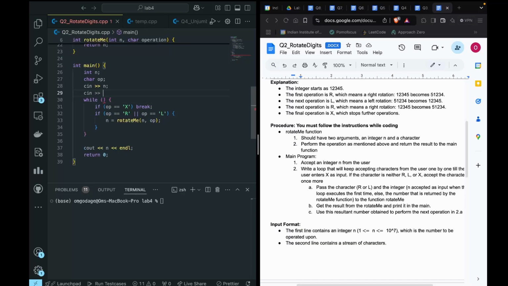So you will do cin op, and while op is not equal to x, you will do this, and then cin op. Okay, you don't need this. All right, so you will take in the operation, and this loop will run until this operation is equal to x.